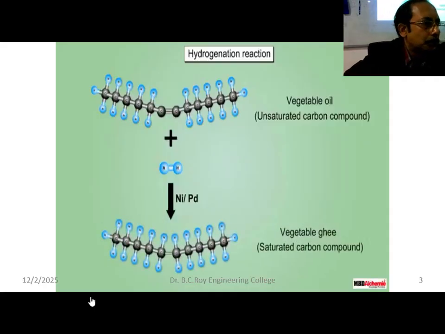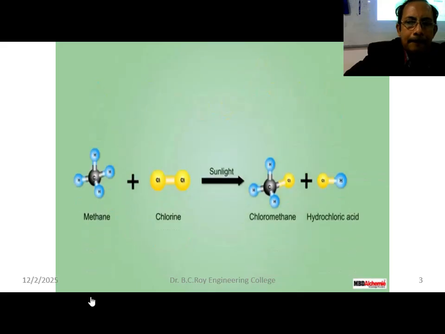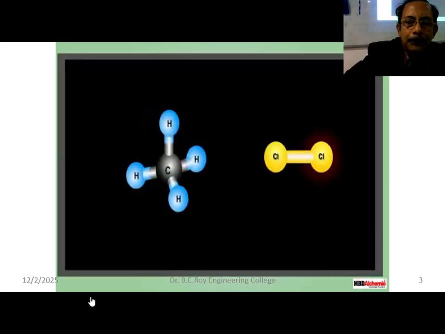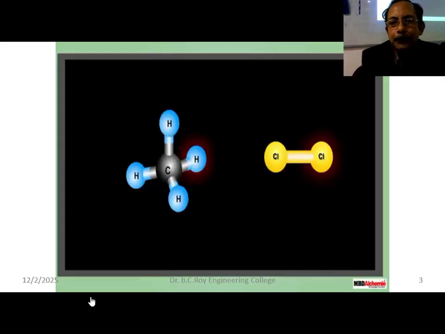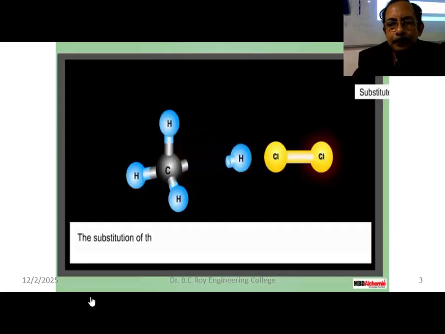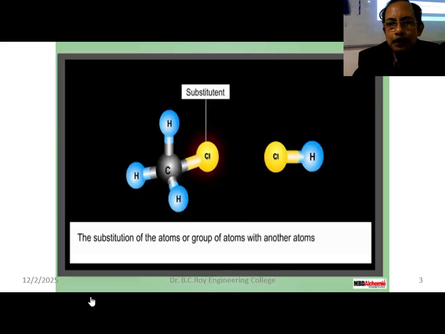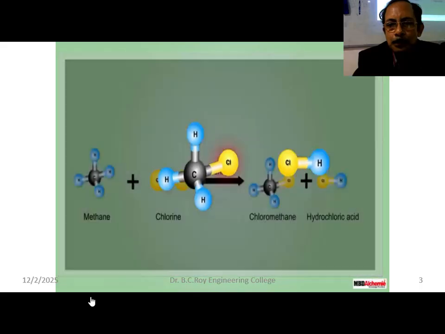They undergo the addition reaction with hydrogen in the presence of nickel or palladium to form vegetable ghee that are saturated compounds. Let us now get back to the reaction of methane with chlorine. Chlorine atoms replace or substitute the hydrogen atoms of methane. Since the reaction involves the substitution of hydrogen atoms with other atoms, it is known as the substitution reaction.